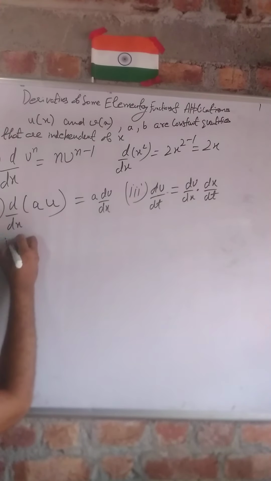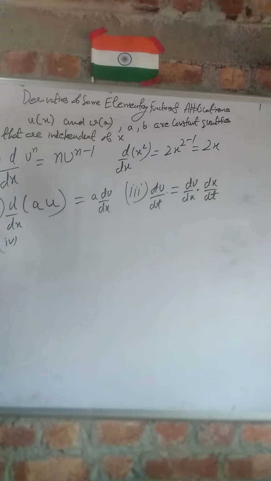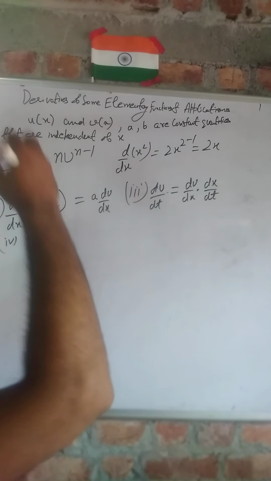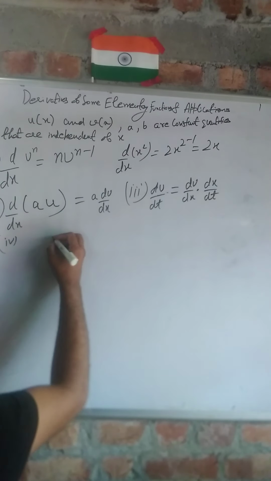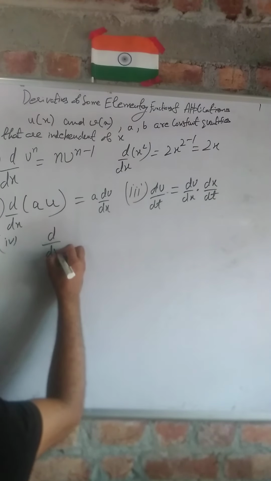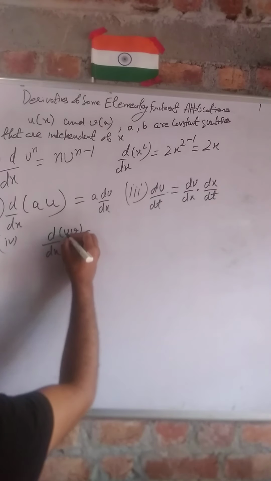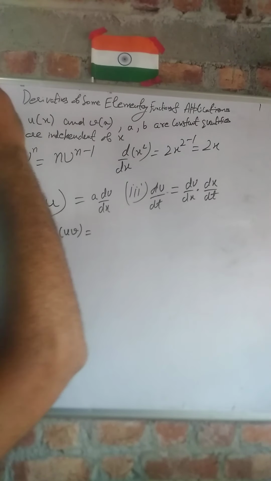Now the fourth elementary formula is the product rule. Suppose you have two functions u and v, then d upon dx of uv. What is the derivative in this case?